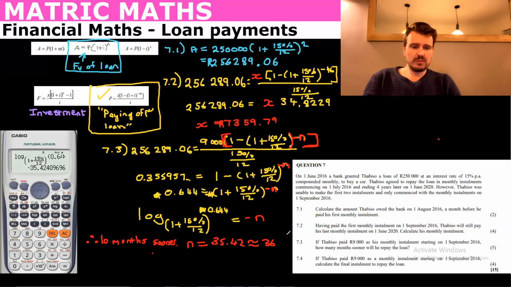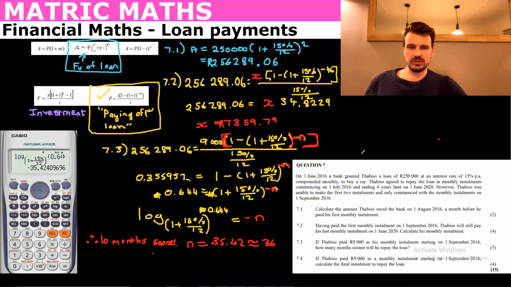But basically what we need to do is, if he's going to pay this 9,000, we want to know the final installment that he needs to make. So what we do is we know that he makes 35 full payments until he has the final payment, which is a smaller payment.